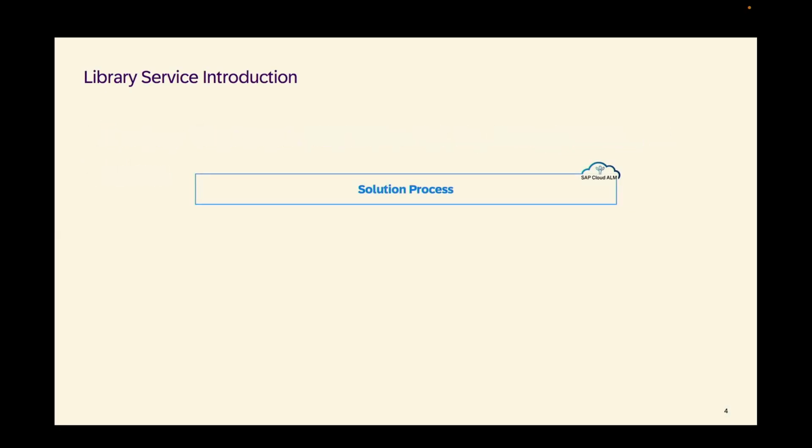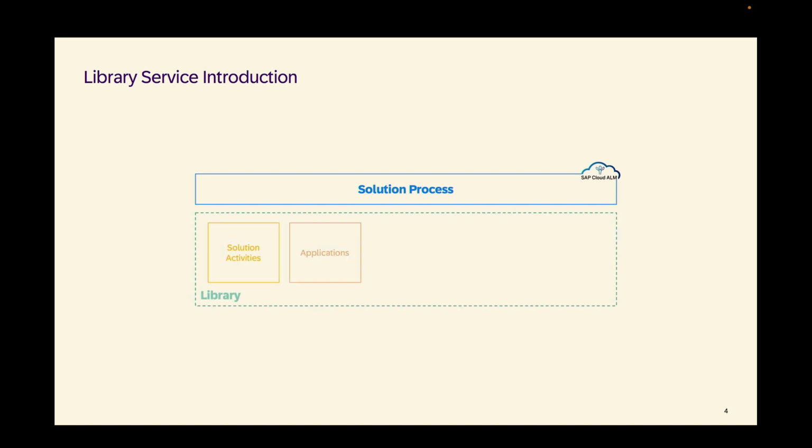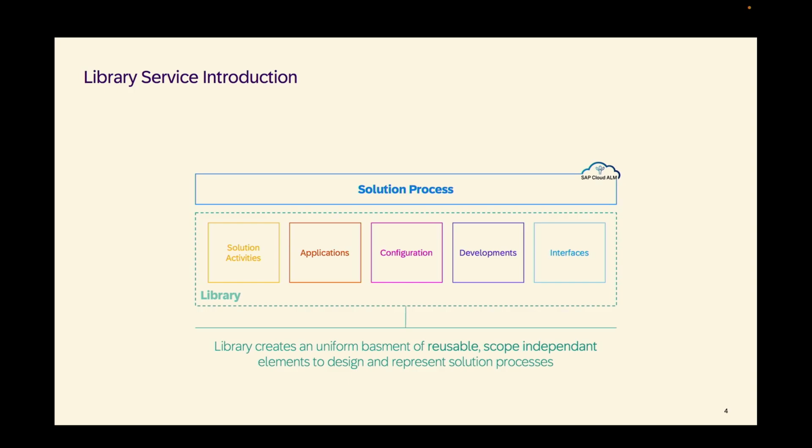Let's go into that. Beside the solution processes, which you have already seen several times in a few sessions, you know already that there are some solution processes in place in Cloud ALM. Beside that, we already have something what we call a library.